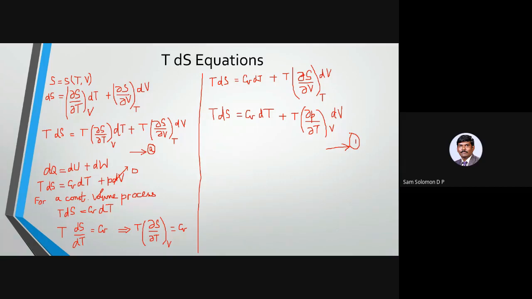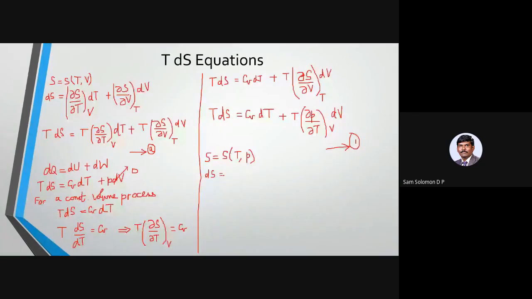In a similar fashion, you can also derive another TdS equation by taking entropy as a function of temperature and pressure. You can follow the same steps. So you can write dS. If you have a pen and notebook, you can try it on your own as I write.